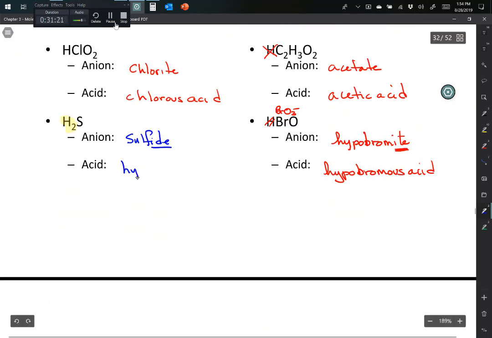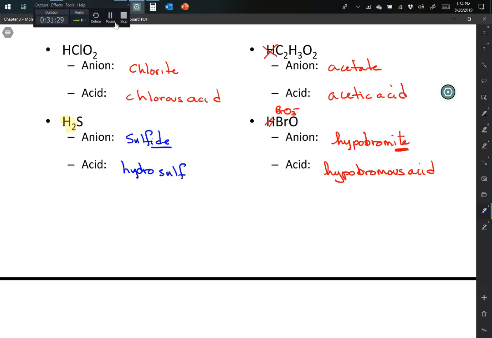This would be hydro, that's still correct. And this is the problem. Sulfic doesn't roll off the tongue well, so they actually put the whole UR back in there. Hydrosulfuric acid. Anytime you see sulfur in an acid, they always add that UR back in. The same thing is for phosphorus. So phosphate becomes phosphoric acid. They add the two letters back in. I don't know why. It's archaic. But you'll have to remember that.